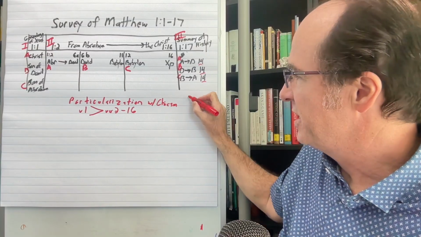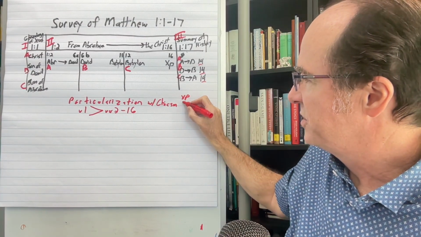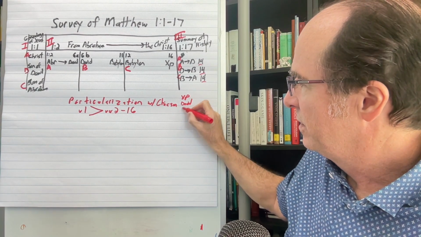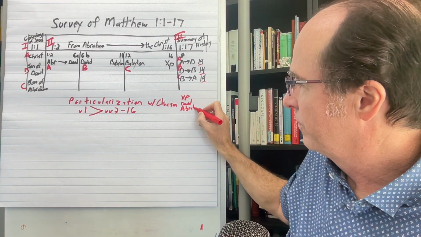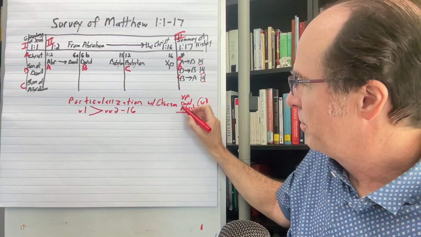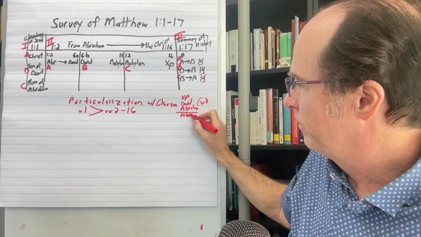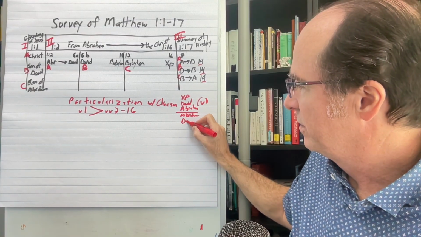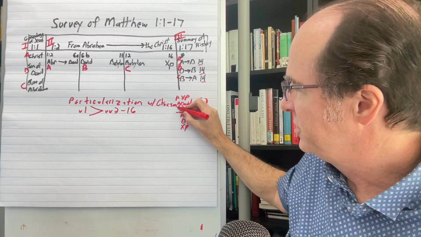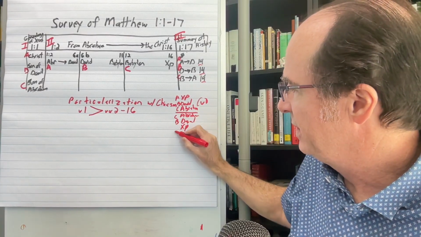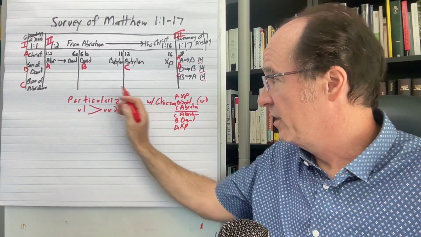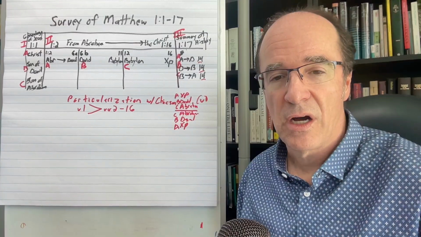And the chiasm has to do with the Christ, David, Abraham in verse 1, and then the genealogy itself breaks out Abraham, David, Christ. So in other words, this would be A, B, C, C, B, A. So particularization with chiasm. When you combine structures, that's called a complex structure.